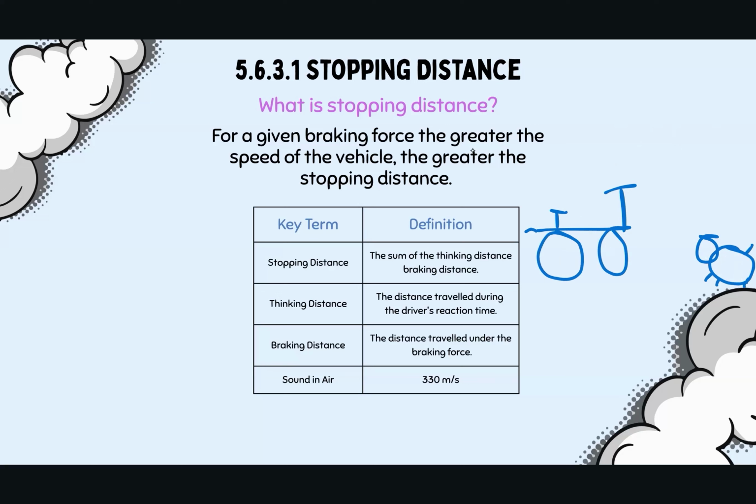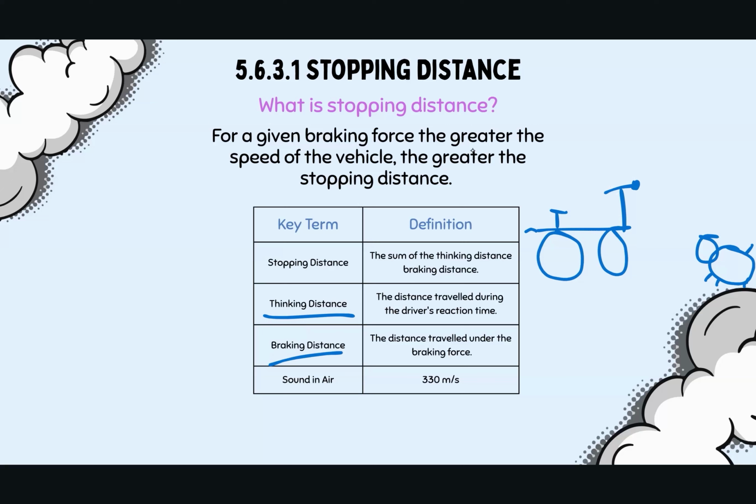What do we have to do to stop? Number one, we have to think. There's the distance your bike will travel while you're thinking about what's just happened. Your brain is processing the information. It then sends a message to your hand, and then your hand pushes down on the brake and you stop.